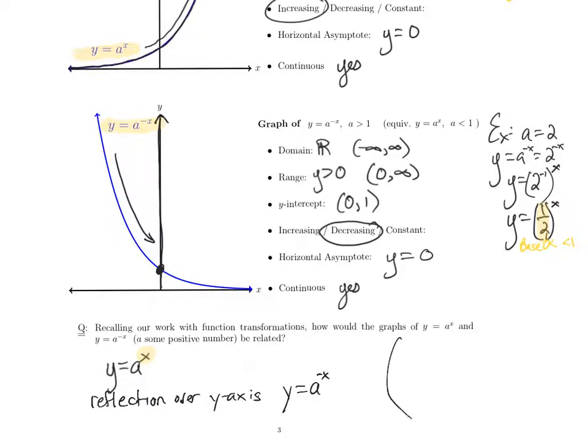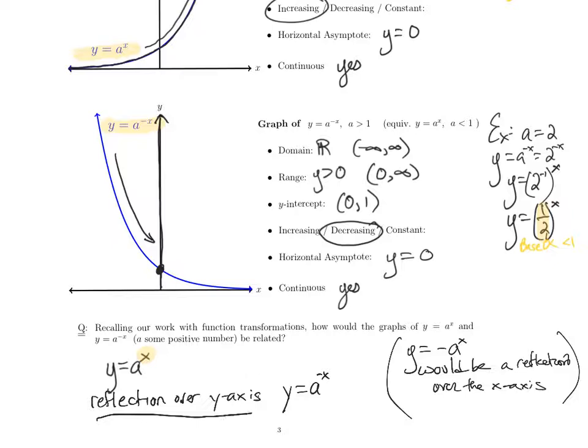Now, if I were to change the sign outside, then this would be a reflection over the x-axis. So that's not what we're dealing with here. This is what we're dealing with here. We have a reflection over the y-axis.